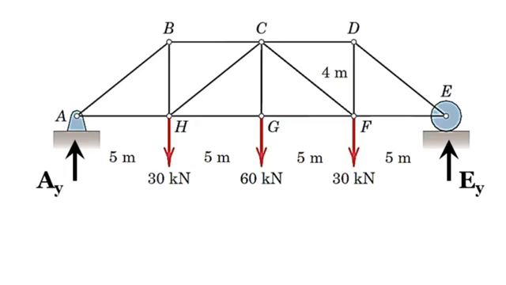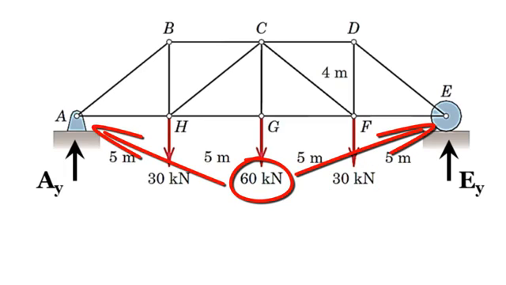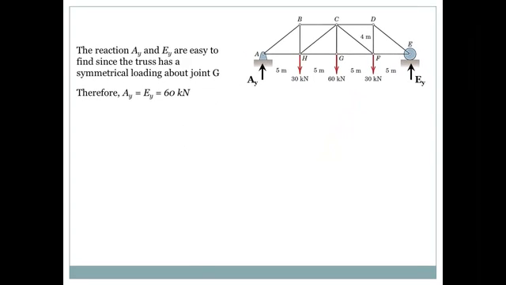So you can think of the 30 kilonewtons on the left as carried by support A, and the 30 kilonewtons on the right as carried by support E. And the 60 kilonewtons is divided equally between supports A and E, so you end up having AY equals EY equals 60 kilonewtons.